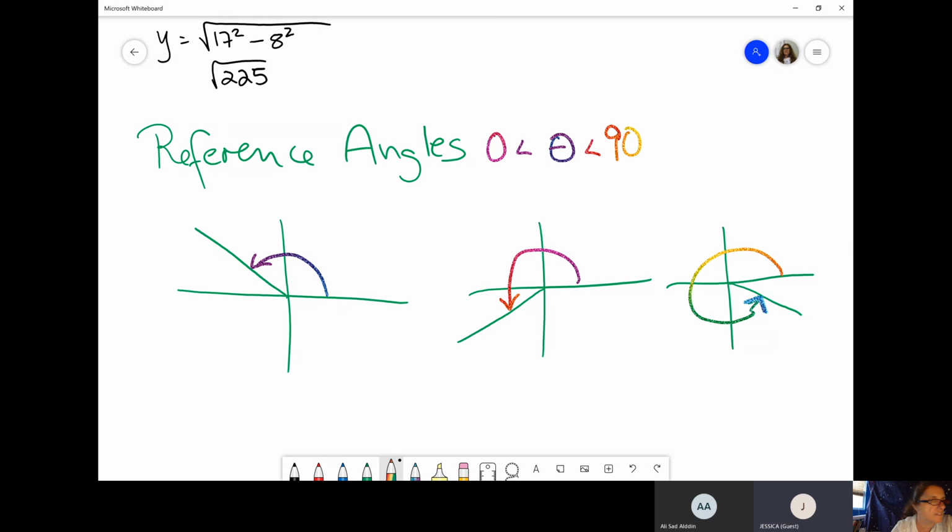It can't be greater than that. And it goes from the terminal side to the horizontal. So the reference angle is this yellow piece here. Now over here, we have this little piece, and if it's in the 4th quadrant, it's that piece.